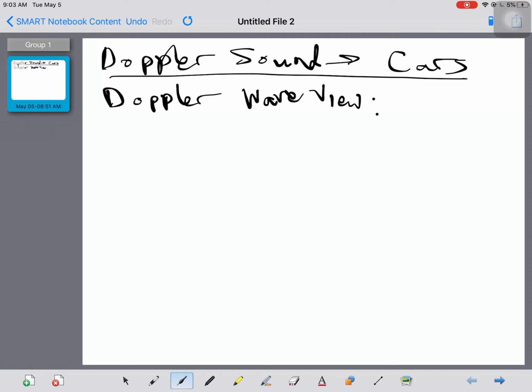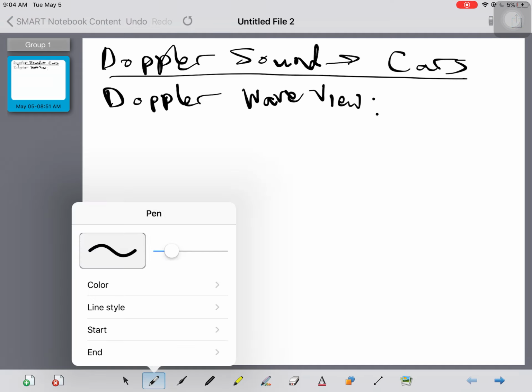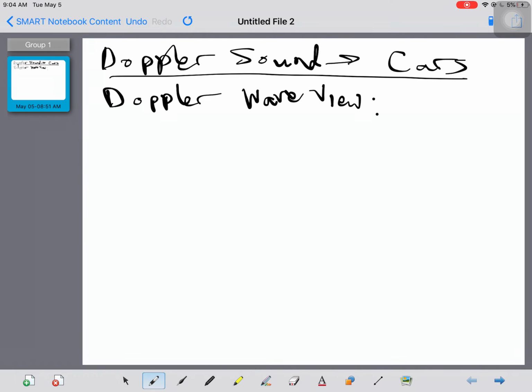So the cars is just a cool thing you notice. You don't really do anything with that. But Doppler wave view. So what does that mean? Well, with the car situation, this can be Mr. Gruber's car that we just watched, and that car was making sounds.